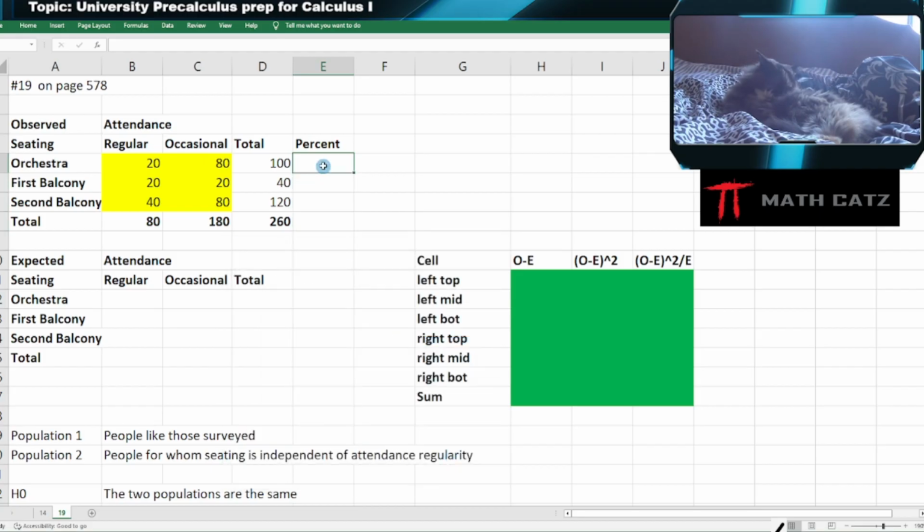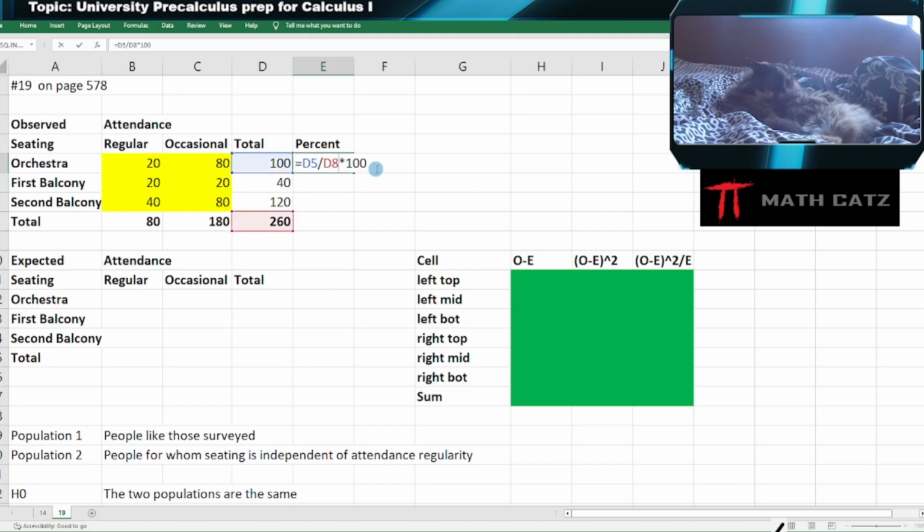So if we want to calculate a percentage, well, the orchestra seating is 100 out of the total of 260. Now, if I just type that in, I see it's 0.38. I could multiply that by 100, and that'll be 38%.